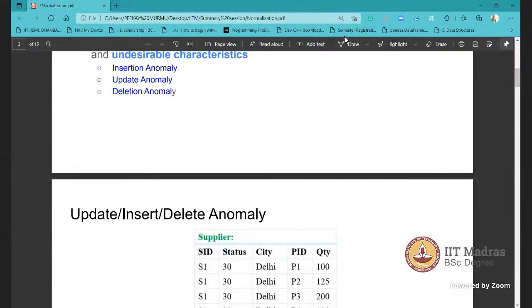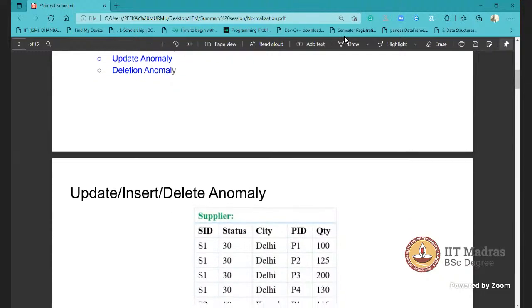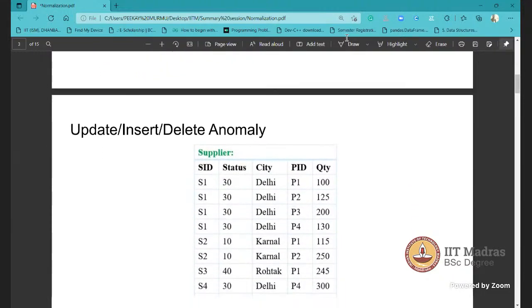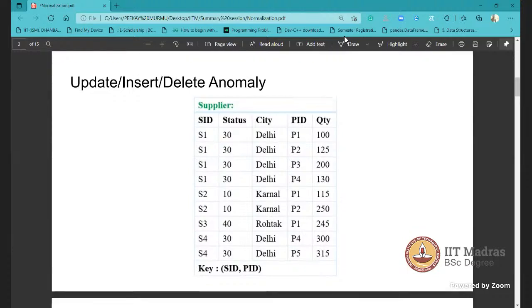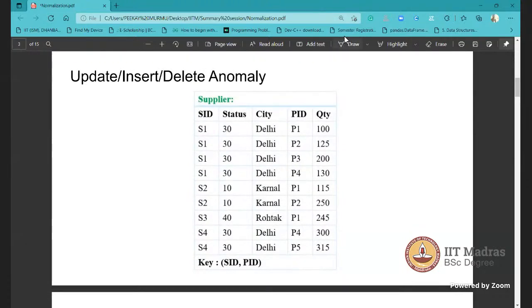Now we see what are the insertion anomaly, update anomaly, and deletion anomaly. Let me give a little bit of introduction about this supplier relation.